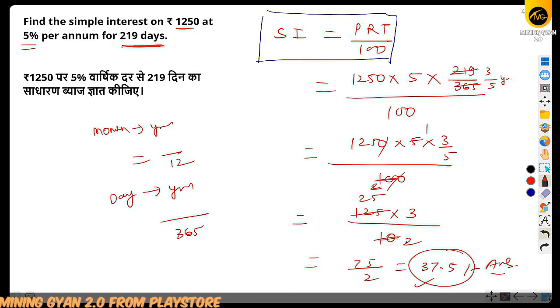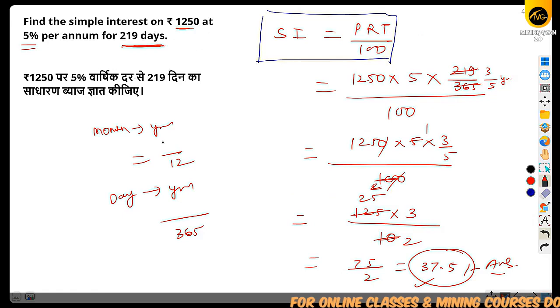So 5 twos are 10 and 2 fives, and 25. So 25 into 3 is 75, divided by 2, and 75 divided by 2 is 37.5 rupees, which is the simple interest. Okay, so the simple interest of 1250 rupees at 5% annual rate of interest is 37.5 rupees.